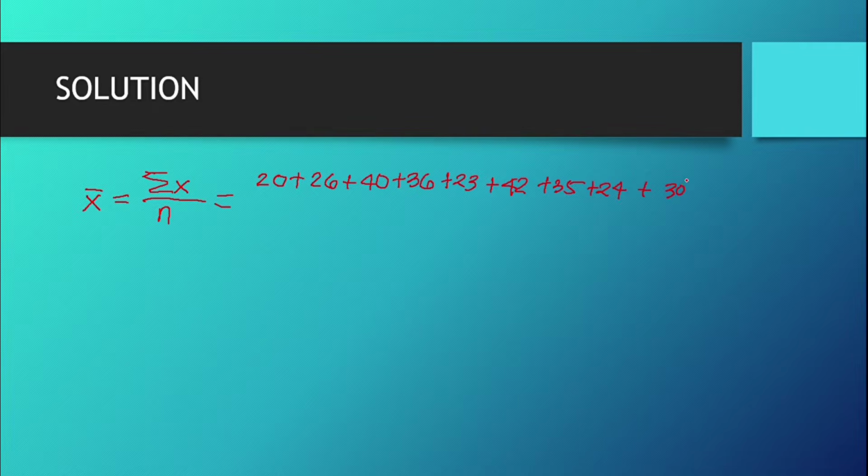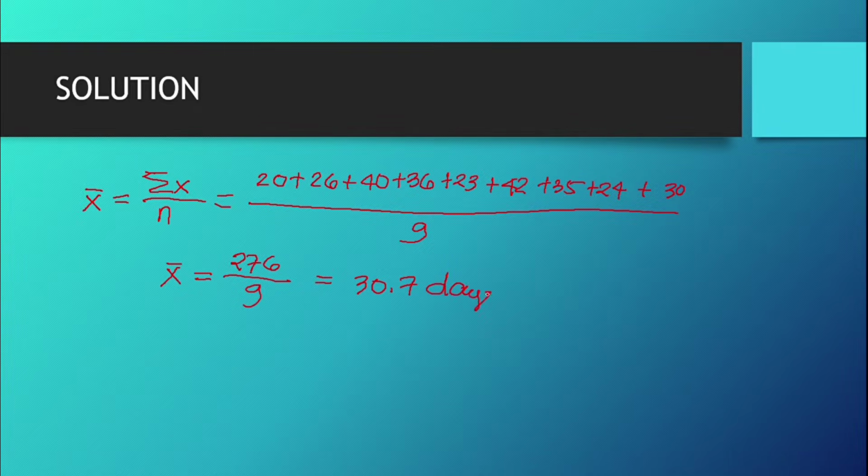Divided by the number of observations, we have 1, 2, 3, 4, 5, 6, 7, 8, 9, so divided by 9. If we total these, we have 276 divided by 9, so we have 30.7 days.